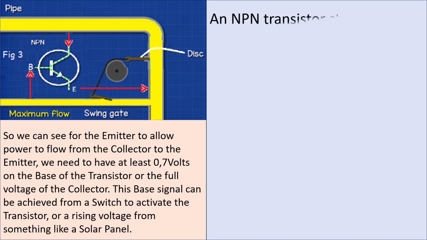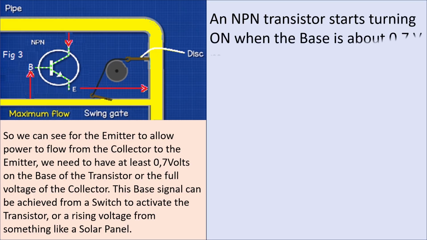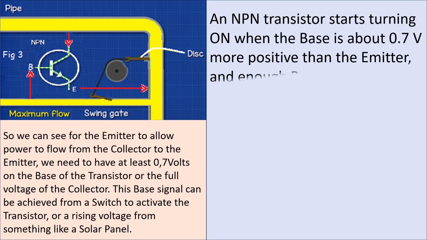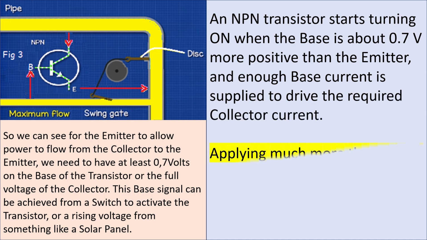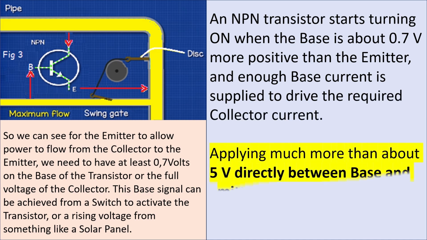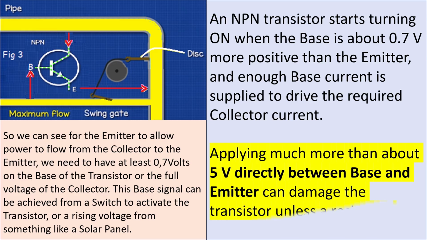An NPN transistor starts turning on when the base is about 0.7 volts more positive than the emitter, and enough base current is supplied to drive the required collector current. Applying much more than about 5 volts directly between base and emitter can damage the transistor unless a resistor is used.